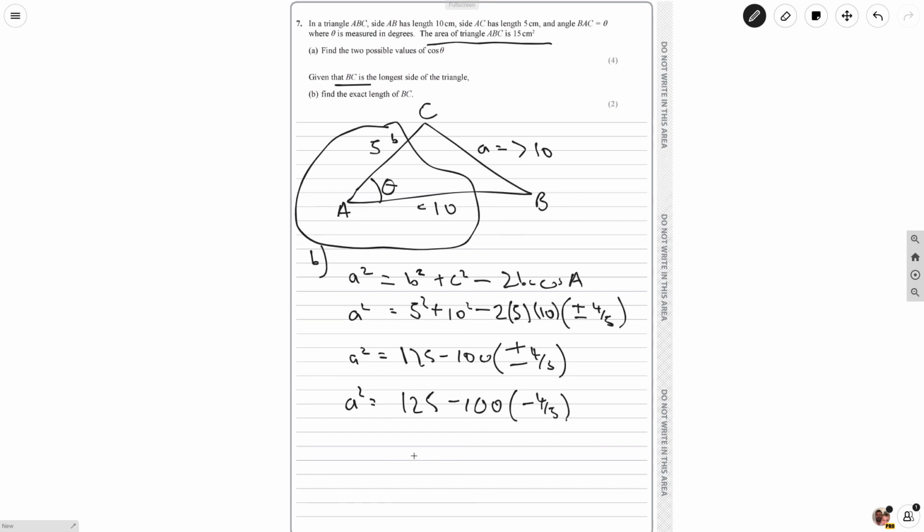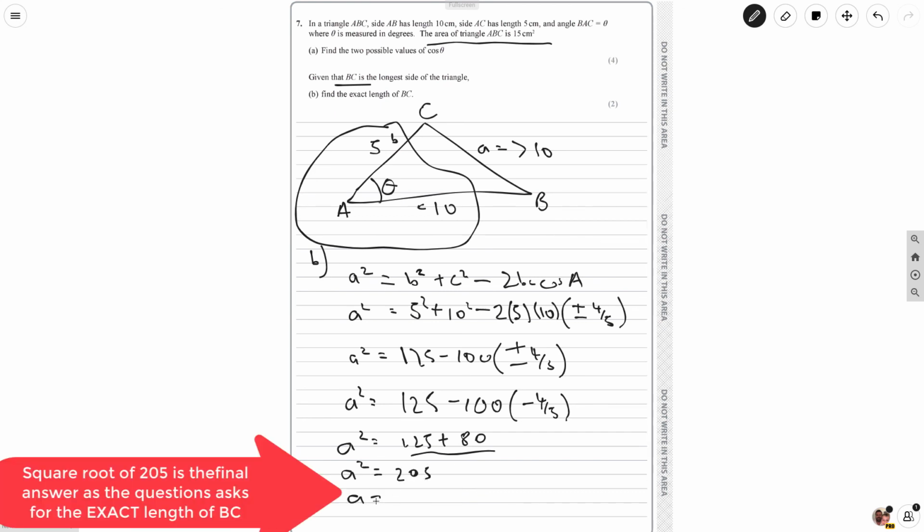That's going to create a plus. So we get 125 plus, put it in your calculator again, 400 over 5, which is 80. So you can see why I chose the negative 4/5 there. It was to create a bigger number here on the right hand side. So the final answer is a equals the square root of 205.